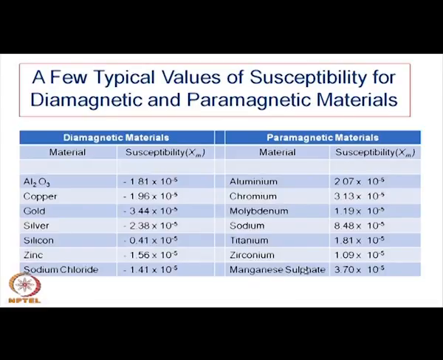Even manganese sulphide has 3.7 times 10 to the minus 5. So, this is just to give you an idea of the range of susceptibility of different groups of materials, particularly the weak magnetic materials like diamagnetic and paramagnetic materials.